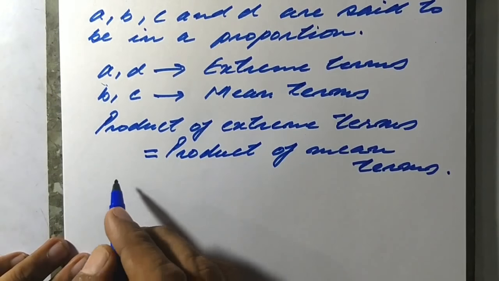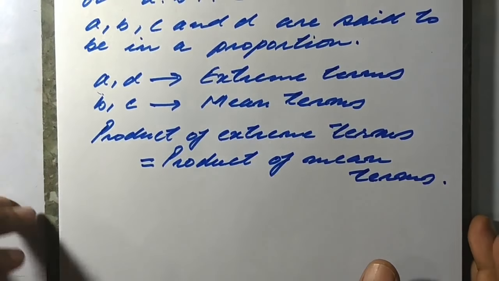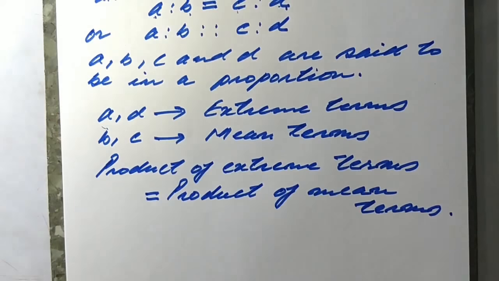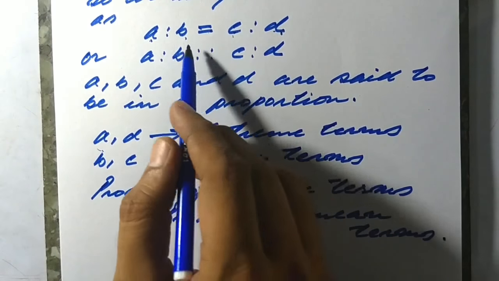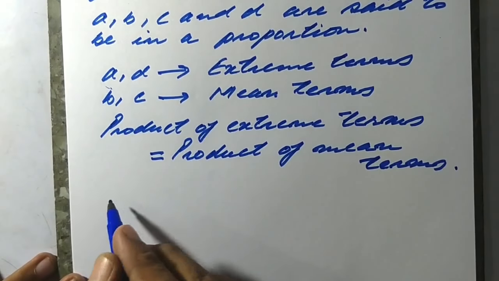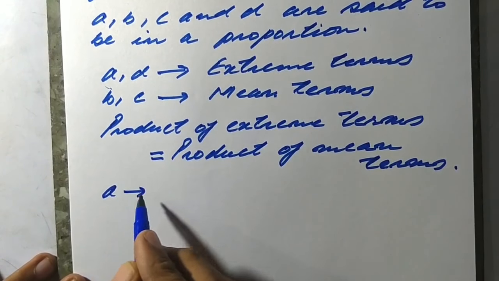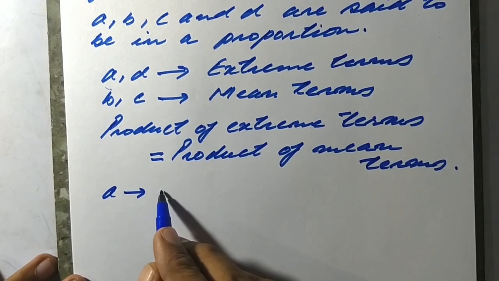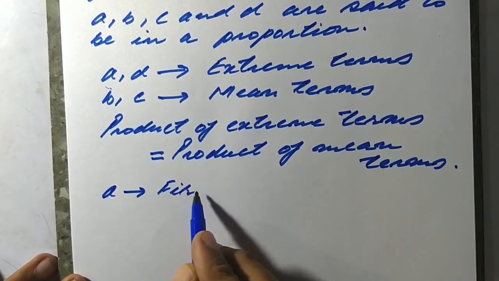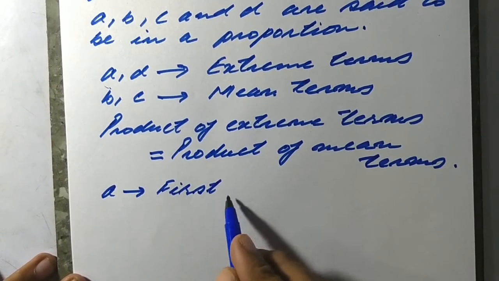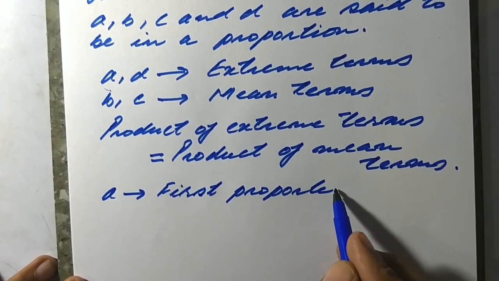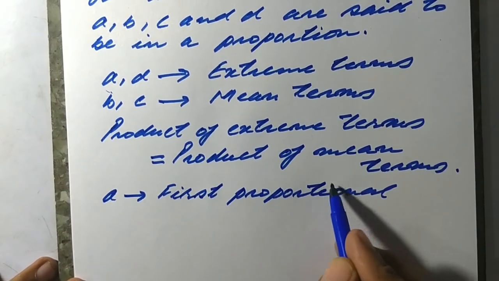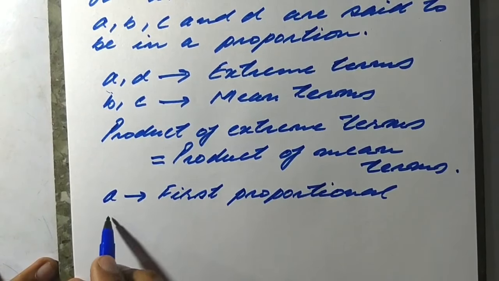One more thing, if A is to B is equal to C is to D, that is if A, B, C, D are in a proportion, then here A is called first proportional of the proportion.